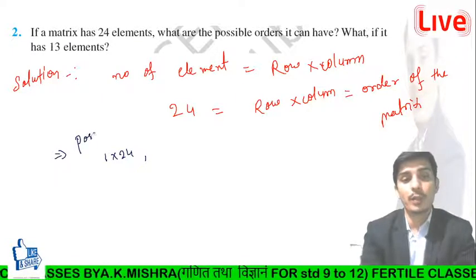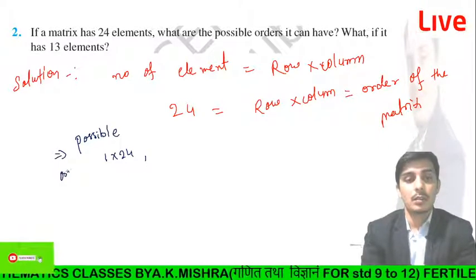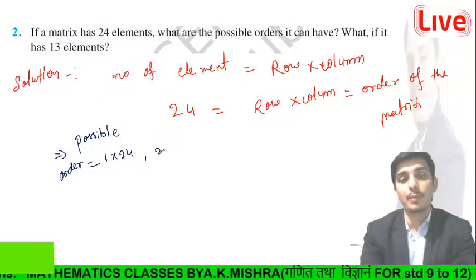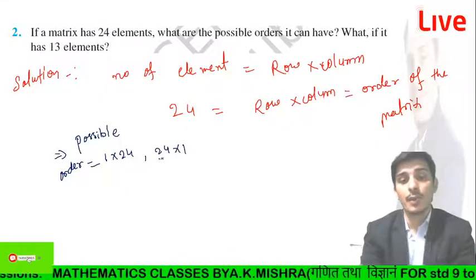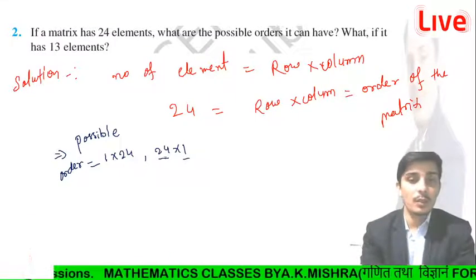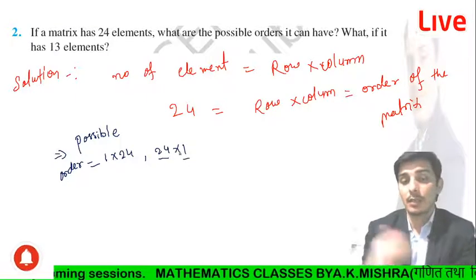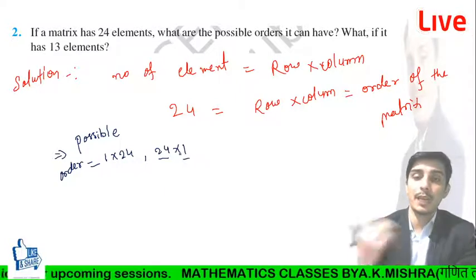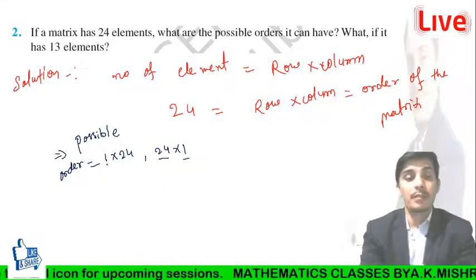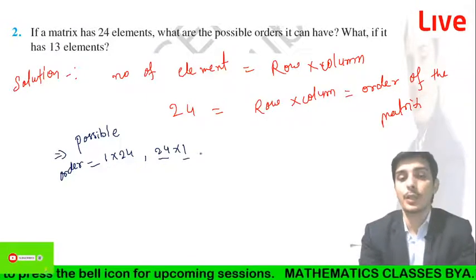Now I am going to write the possible orders: 1 into 24, another is 24 into 1, it means 24 rows and 1 column, because we know that always in the first place the number of rows is available, and after the number of rows we have the number of columns. So first we can take the possible orders 1 into 24 and 24 into 1, right?